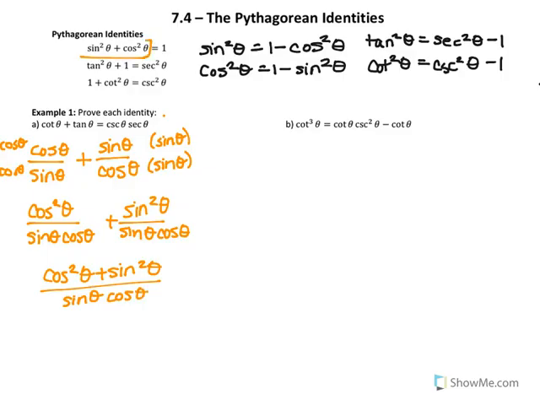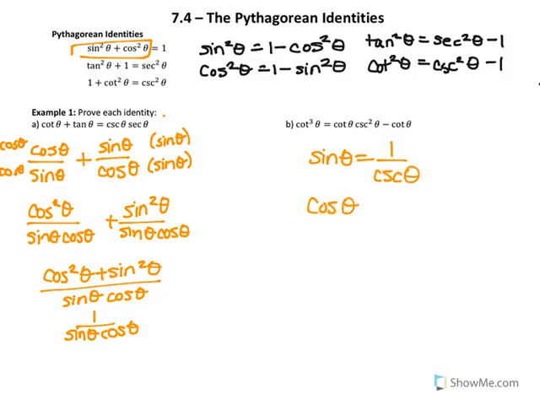From this, I know that sine squared theta and cos squared theta makes a 1, so I have 1 over sine theta cos theta. And from my reciprocal identities, if you don't remember, we know sine theta is equal to 1 over cosecant theta.